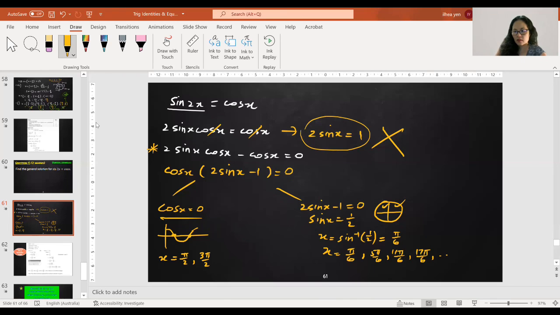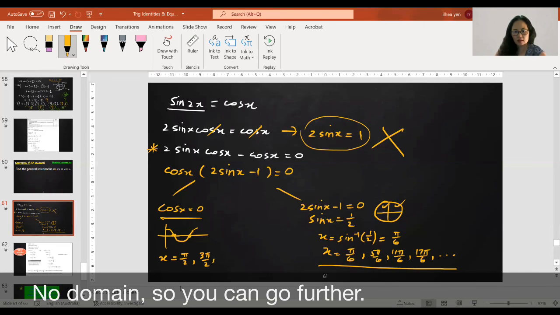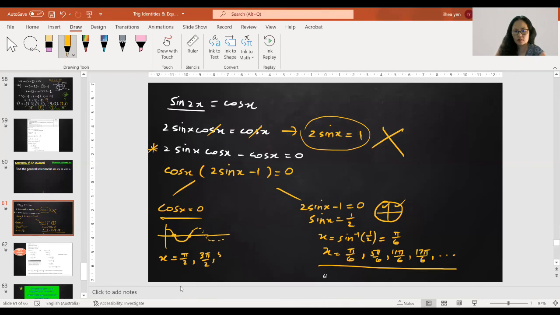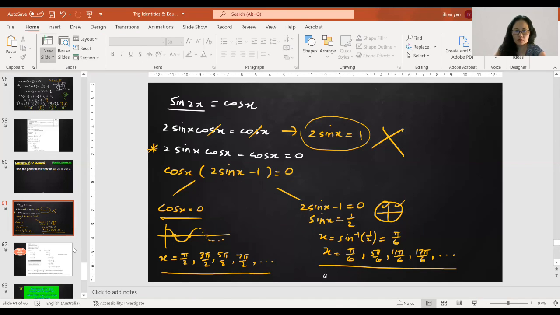I think that's how far we went. Oh, actually, we can keep going: 5 pi on 2, and 7 pi on 2. Keep going. All right, we can't keep writing all this. So we've got to stop somewhere and just put the general formula.